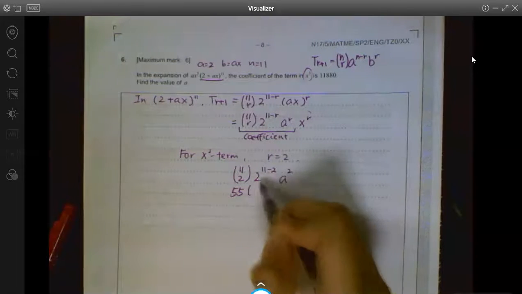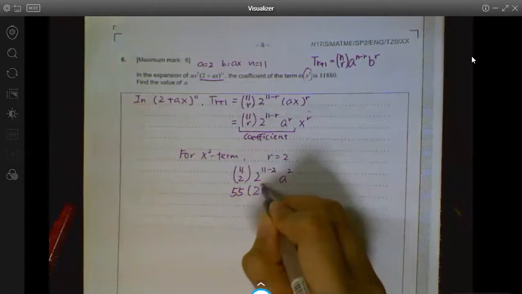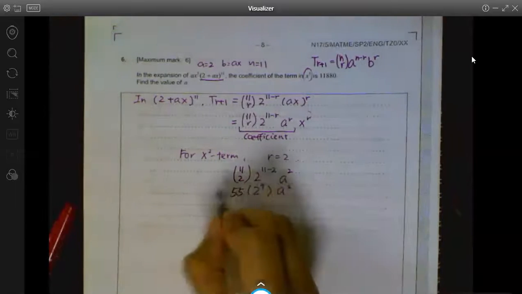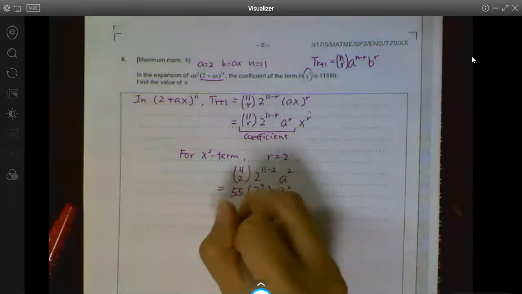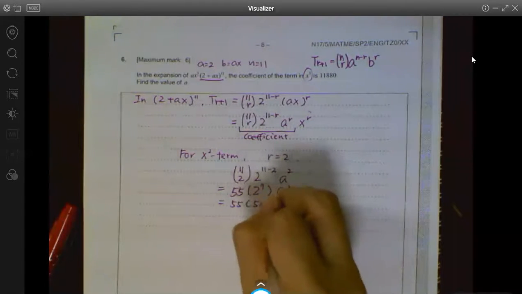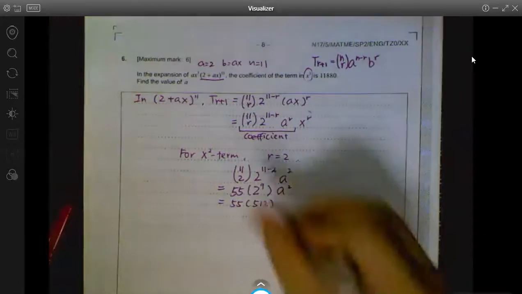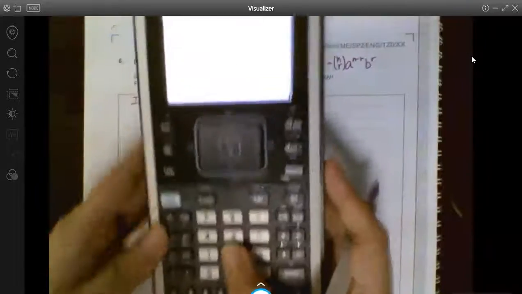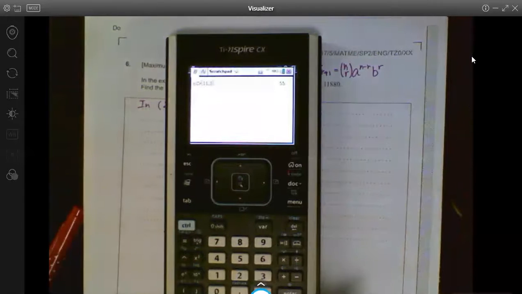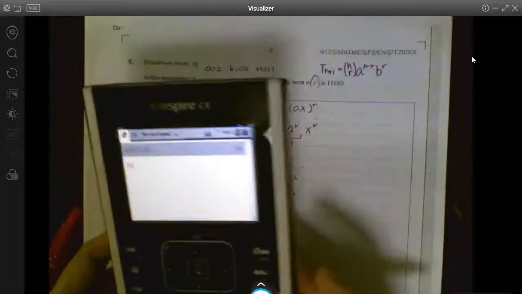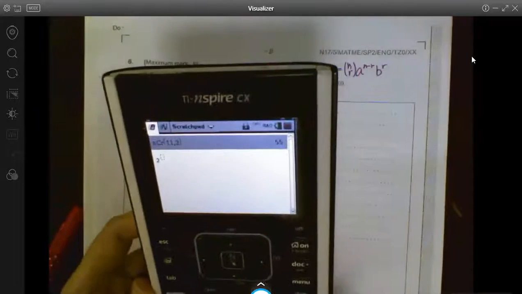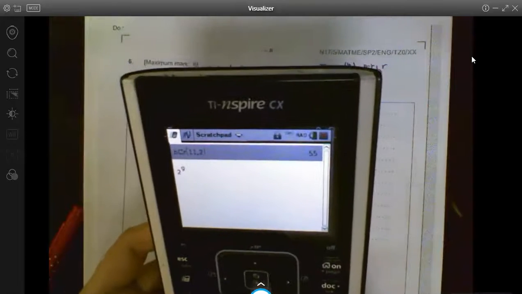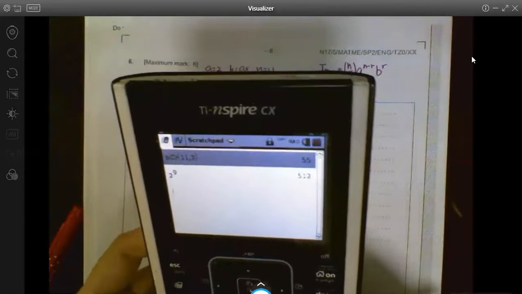And then the next term, 2 to the power of 11 minus 2, that will be 2 to the 9 times a squared. Let's put an equal sign here. And if we multiply that out, we will have 55, and this will be 512. Use a calculator, and then a squared. Let me show you. Two, and then this button, to the 9, right? 512.